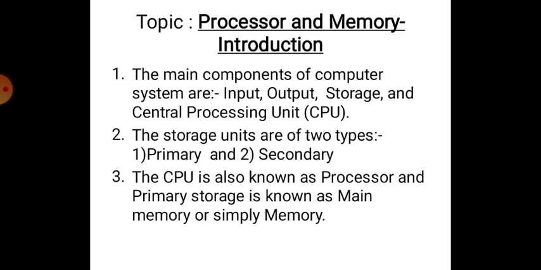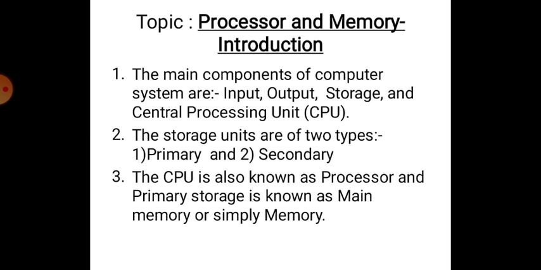This control unit and arithmetical logic unit together are called the central processing unit. That is why you find 4 components here, because the control unit and arithmetical logic unit are put together and called the central processing unit.